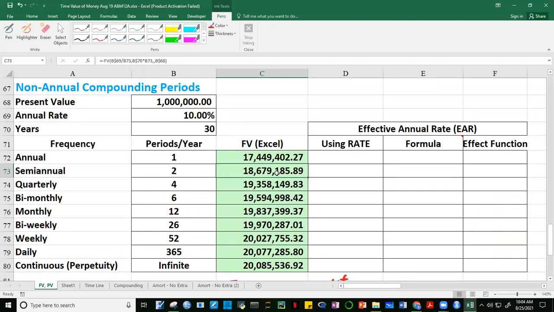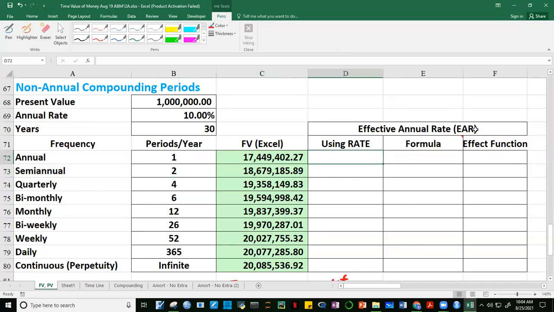So dapat mas malaki yung effective annual rate nitong semi-annual, ng quarterly, etc. So how do we compute for the effective annual rate? Conceptually guys, parehong 1 year to, parehong 30 years. Yung isa kino-compound annually, yung isa kino-compound semi-annually. But since mas malaki yung future value ng semi-annual compounding, therefore masasabi natin yung effective rate nito mas malaki, no? Kasi mas malaki yung future value eh.